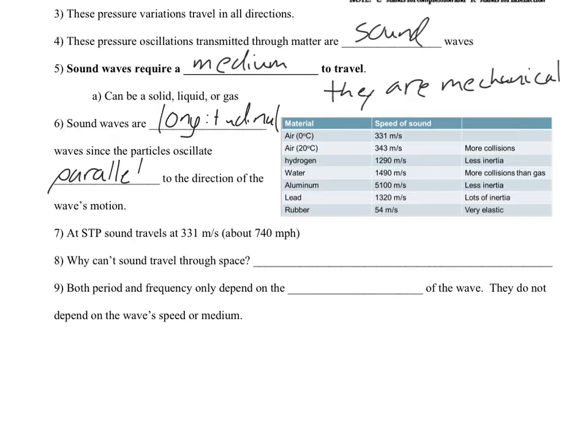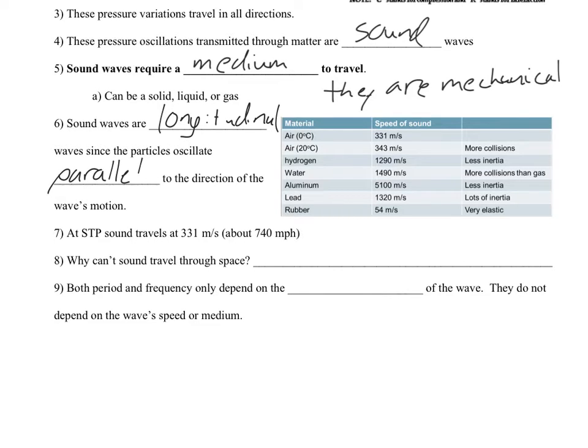So it's not like the transverse waves like we saw in class, where the waves go up and down as they move left and right across the rope or across the spring. These are compression waves, where the sound is literally compressing and spreading out as it travels across the room.